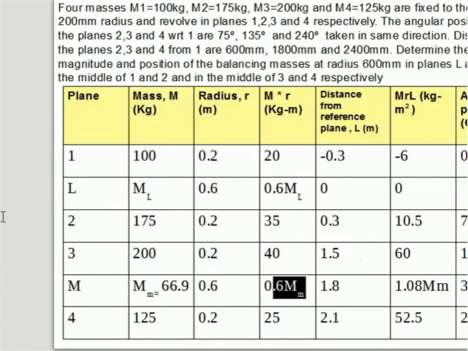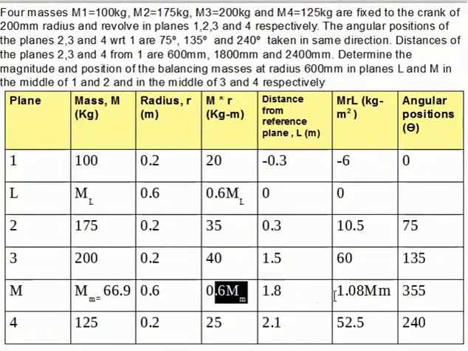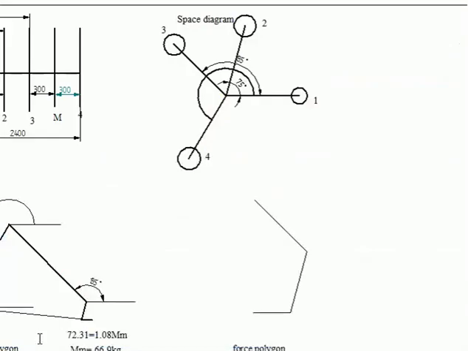After plotting those three lines, you can go for either this 0.6 times mm value, or else you can go for 25 also. You will get the same answer. So I will follow the same sequence. We'll go for 0.6 times mm inclined at 355. So 0.6 times mm, you will get 40.14.